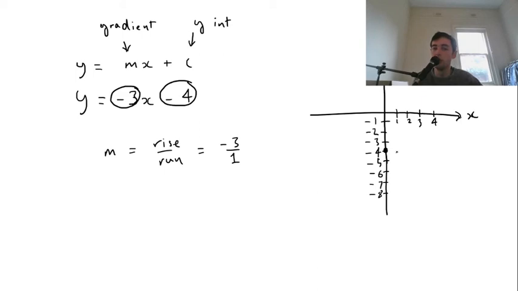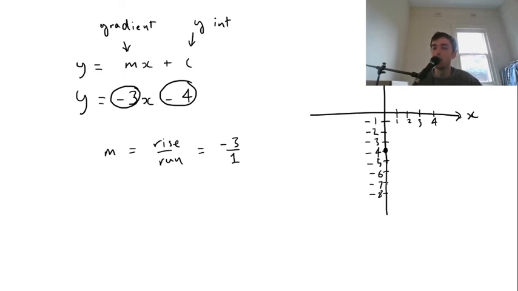So what does that mean? When we start here, that means we have to go down 3. Because rise is usually thinking about going upwards, isn't it? If something is rising, that's if it's positive. But if this number is negative, we have to go downwards. 1, 2, 3.